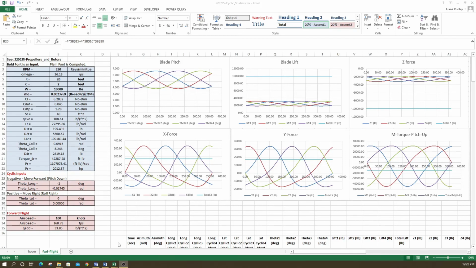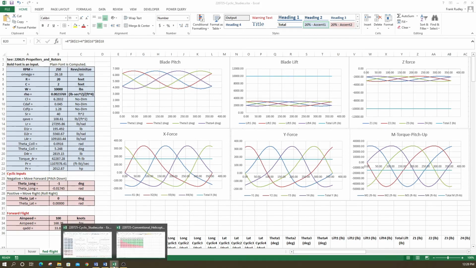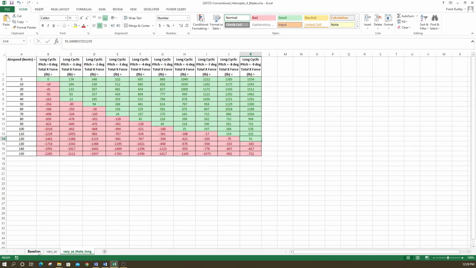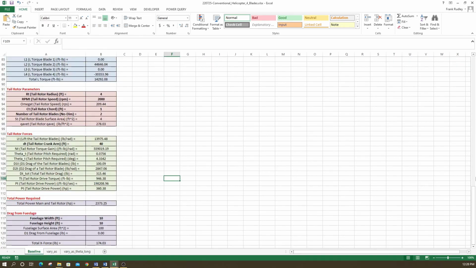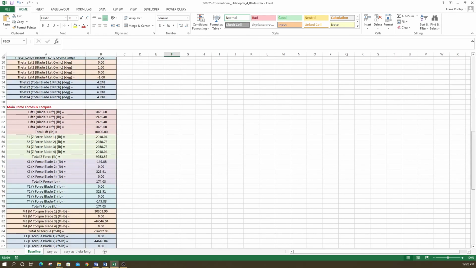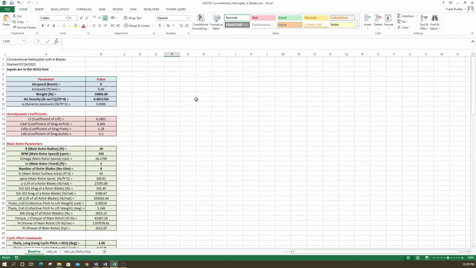So now we'll go to the second spreadsheet where we could do the parametric variation. This is where I started to add in the drag from the fuselage, and I'll put this on my website so you can have access and see how this is done.